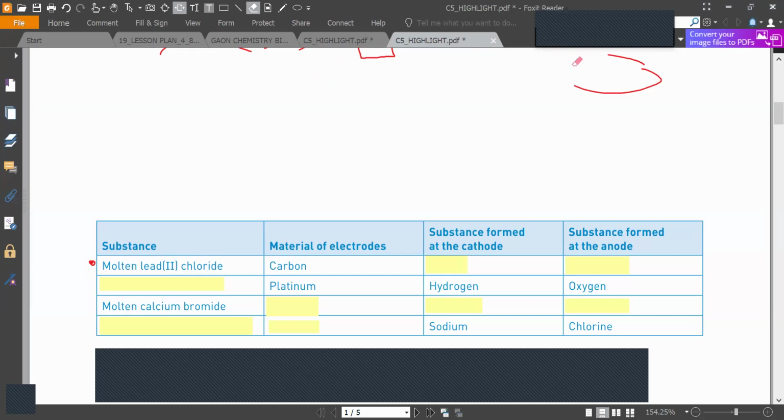If we have molten lead chloride, lead chloride is like this: lead is Pb 2 plus, chloride is negative. So now it's like this.